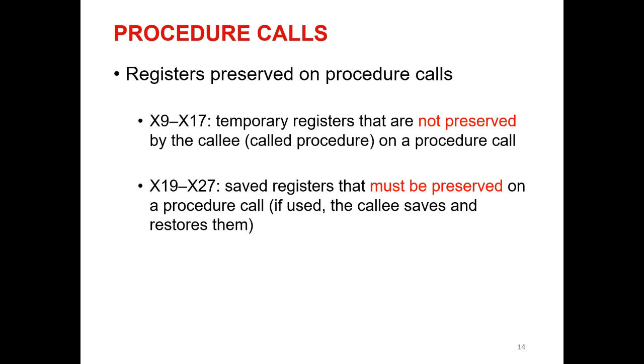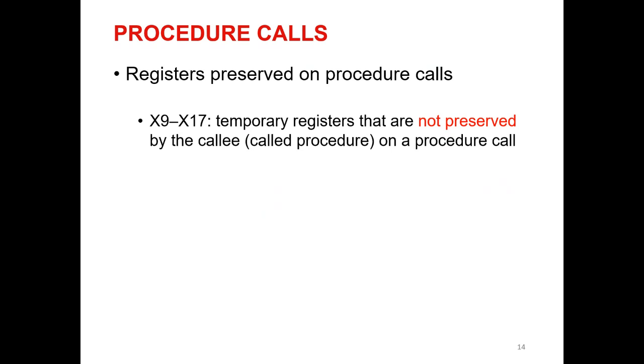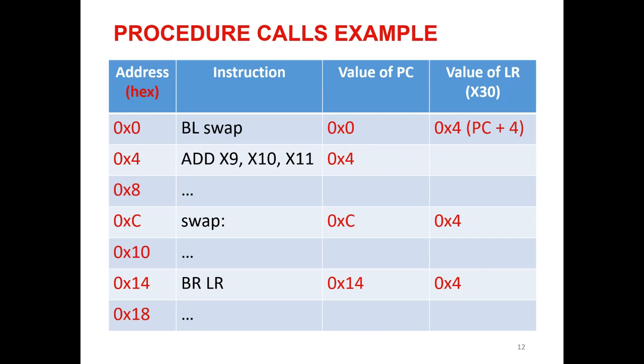If I use the BR instruction, the value of LR is not modified. When I use B and L, branch with link, the value of LR is updated. But when I use branch to register, the value of LR doesn't change.